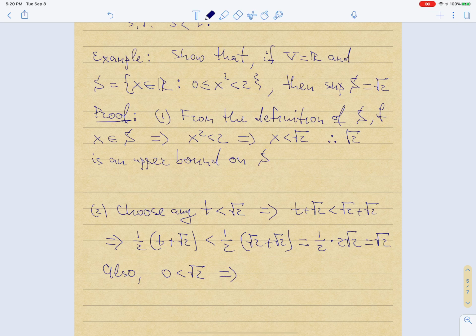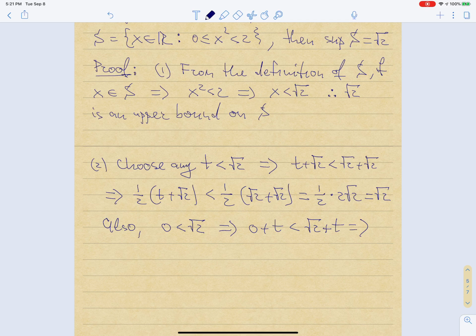So once again, using the axioms of ordering, 0 plus t is less than square root of 2 plus t, which is the same. If I use commutativity and the properties of 0, this is the same thing as saying t is less than t plus square root of 2.